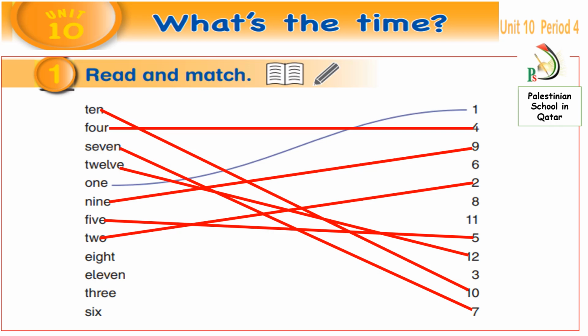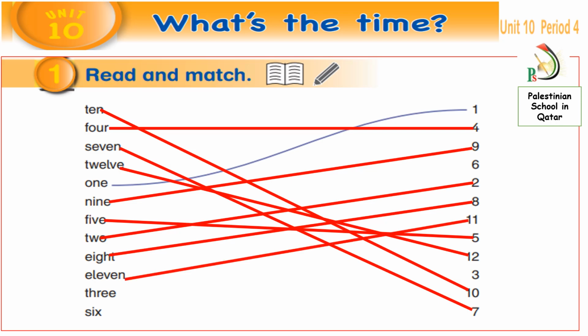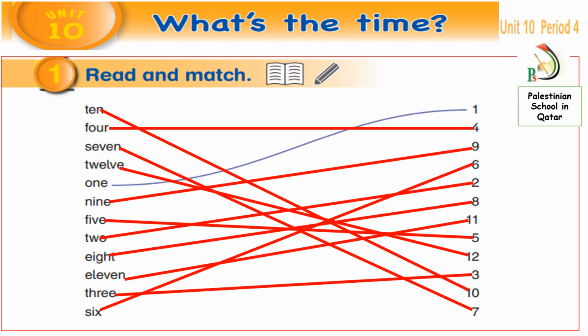Then the next number we have 8. Check your answer. Excellent. And the next one we have 11. Where is 11? Excellent. And the next one, number 3. Can you match? Yes, this is a 3. Great. And the last number we have, number 6. Excellent. Great job.